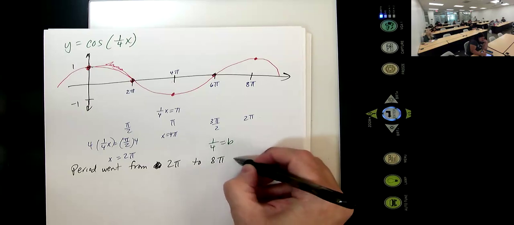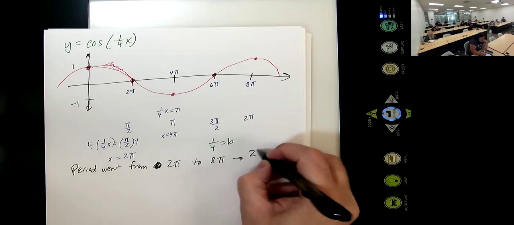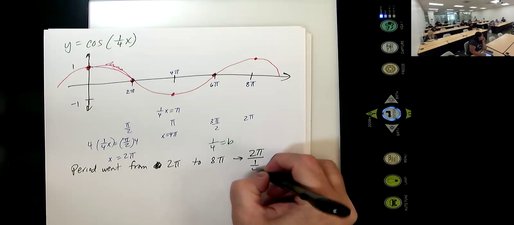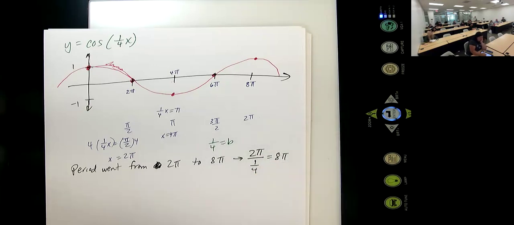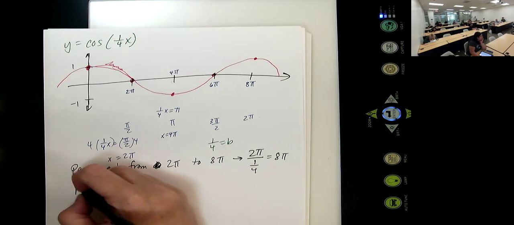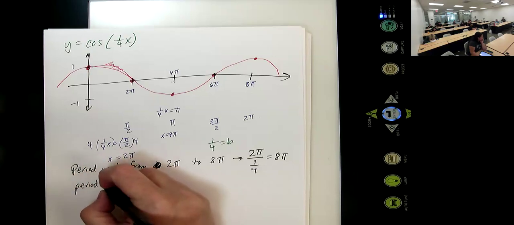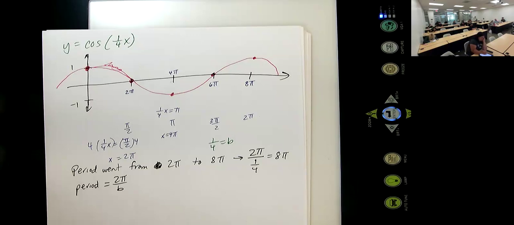And how could we do that mathematically? 2 pi divided by 1/4 will give me 8 pi. And that's how we can see why the period is 2 pi over b. That's a slower walkthrough of where it comes from.